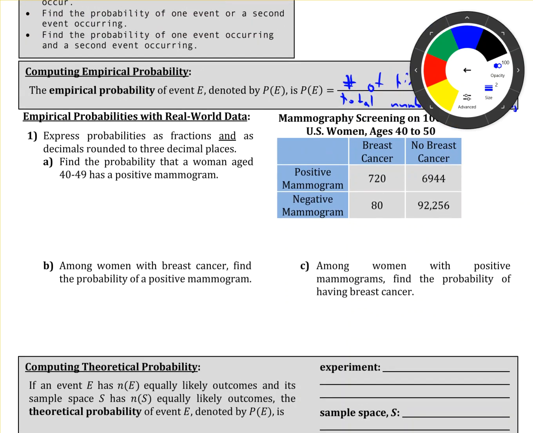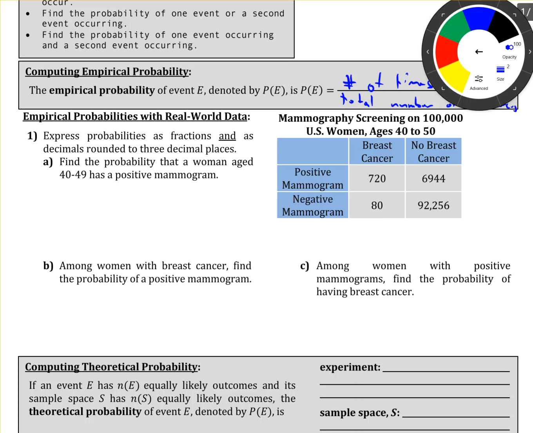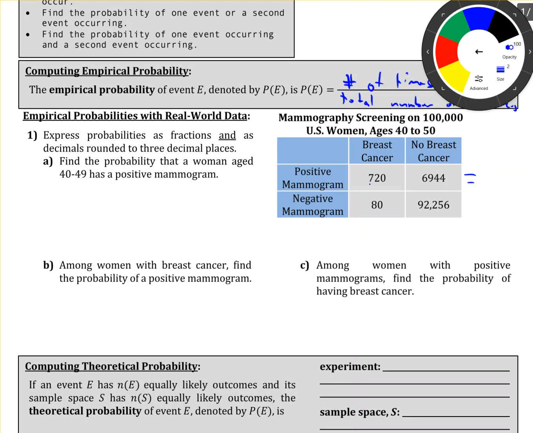But so, express probabilities as fractions and as decimals rounded to 3 decimal places. Find the probability that a woman aged 40 to 49 has a positive mammogram. All right, so if we're looking at this, we've got 100,000 women screened. So the number of women that have a positive mammogram is going to be, we had 720 that had one and had breast cancer, and 6944 that had one with no breast cancer. So we're going to add those together.